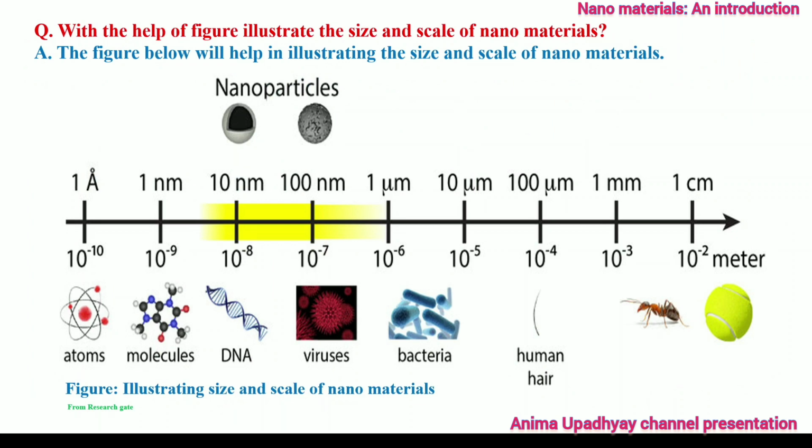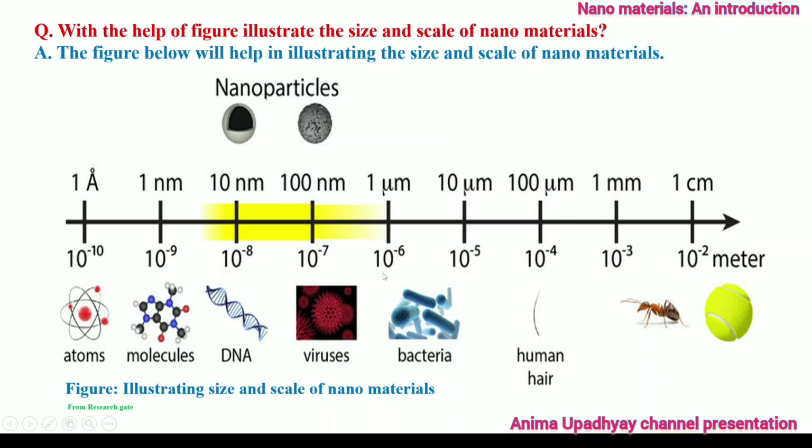With the help of a figure, illustrate the size and scale of nanomaterials. So here in this slide, I have tried to further make you understand the size and scale of nanomaterials. Here is an arrow. On the top of this arrow are the scales written in angstrom, nanometers, micrometers, millimeter and centimeter.